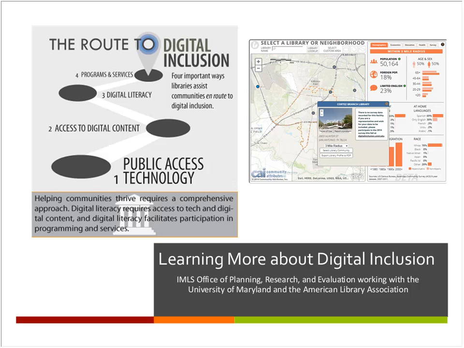So this is a data visualization tool that maps all the public libraries using a public library survey data file from 2011. And the tool overlays census data, including demographic, economic, health, and education data from the American Community Survey, or the ACS 5-year data set from 2007 to 2011.